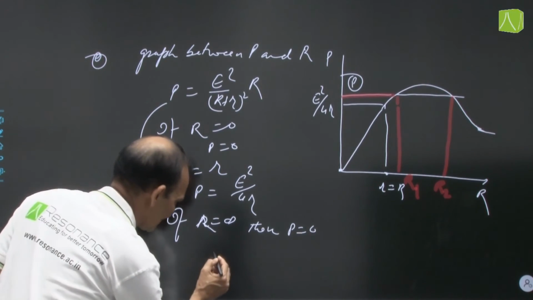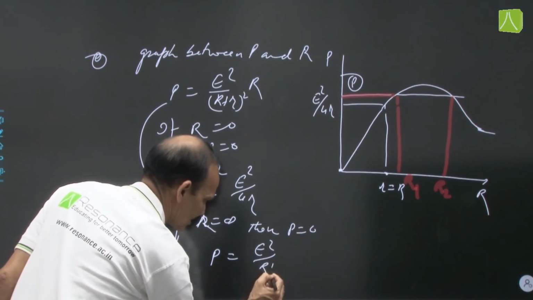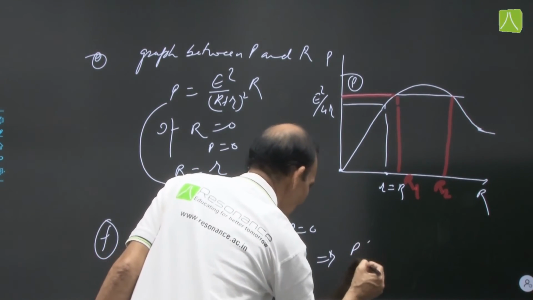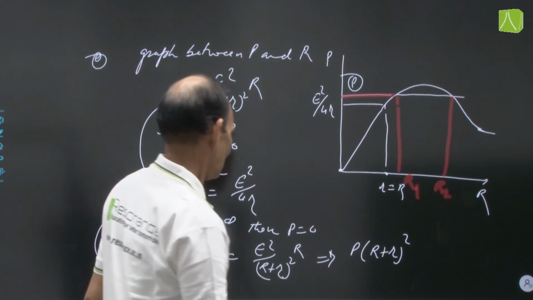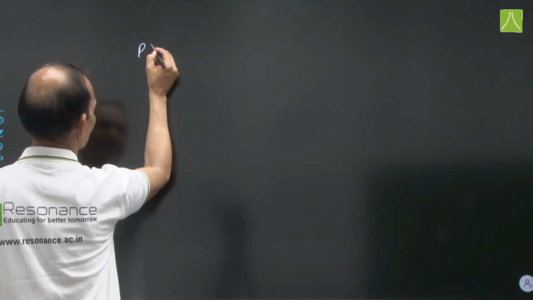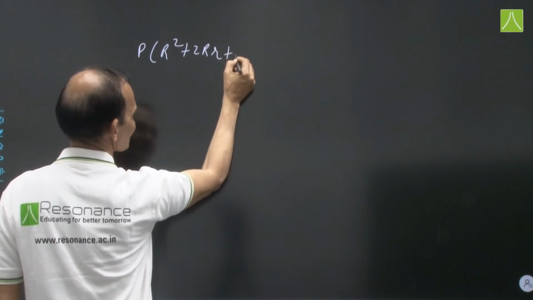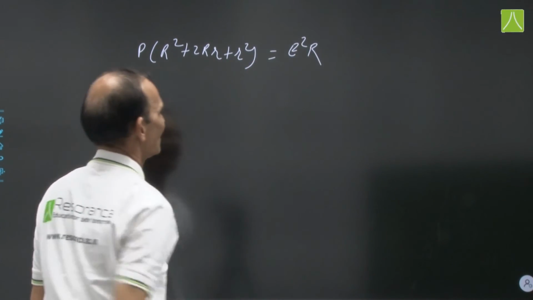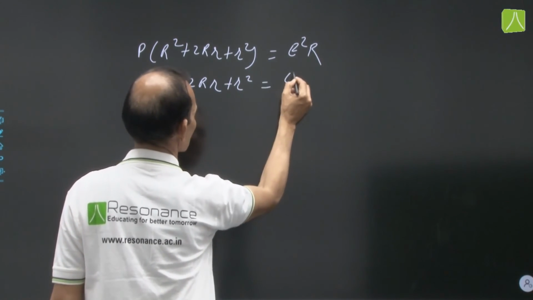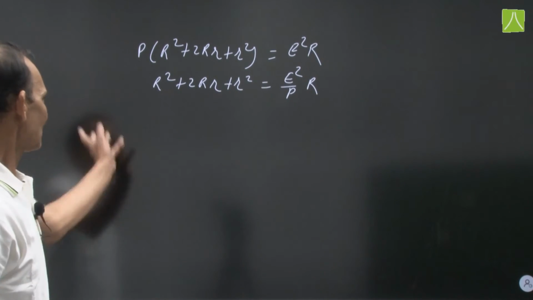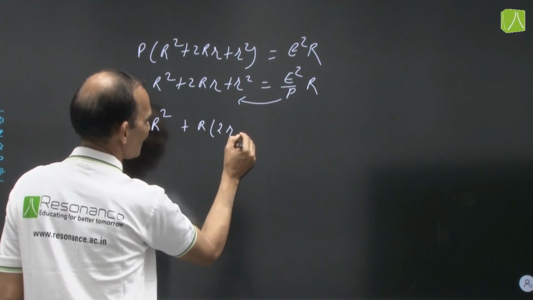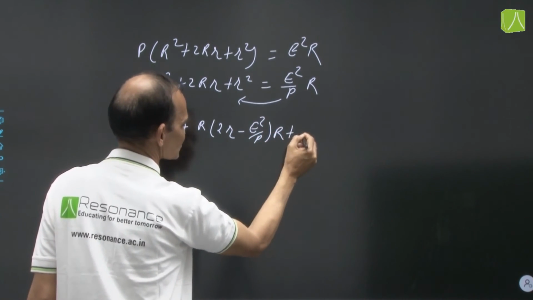So P is equal to E square upon (R plus r) whole square into R. On cross multiplying, we can write P into (R plus r) whole square equals E square into R. That is P into (R square plus 2Rr plus r square) equals E square into R. Then R square plus 2Rr plus r square equals E square upon P into R. Now transfer it here: R square plus R into (2r minus E square by P) plus r square equals 0.